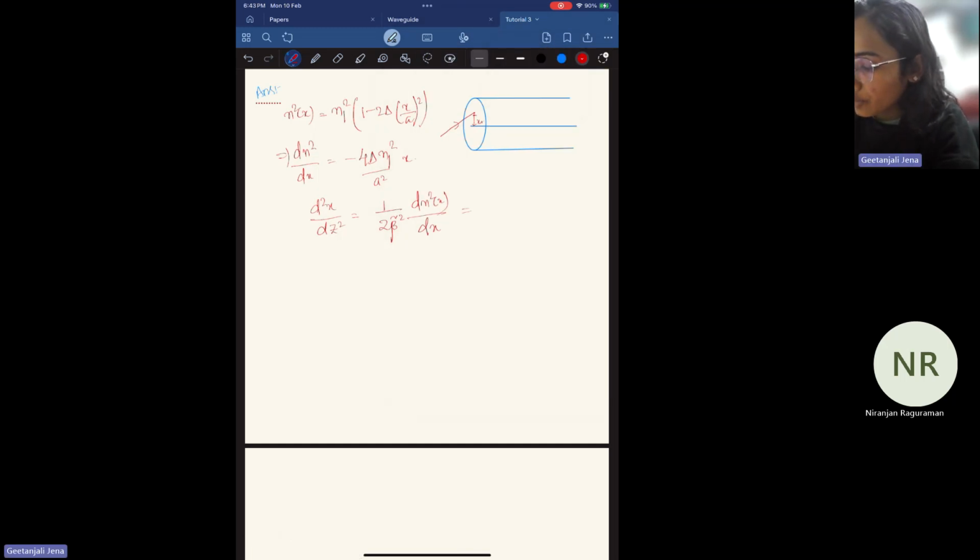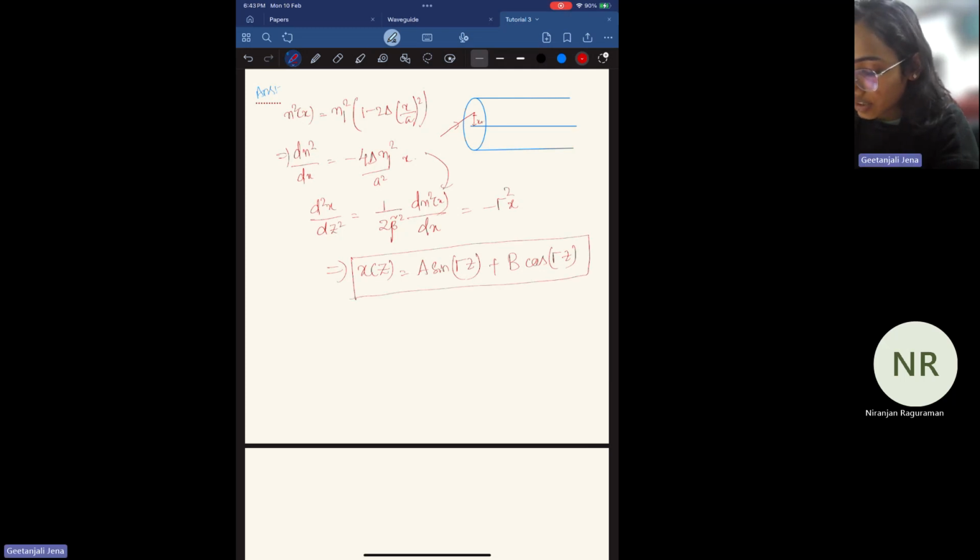After putting this, you can write it as minus gamma square x. The general solution we always get is A sin gamma z plus B cos gamma z. This is the general form.